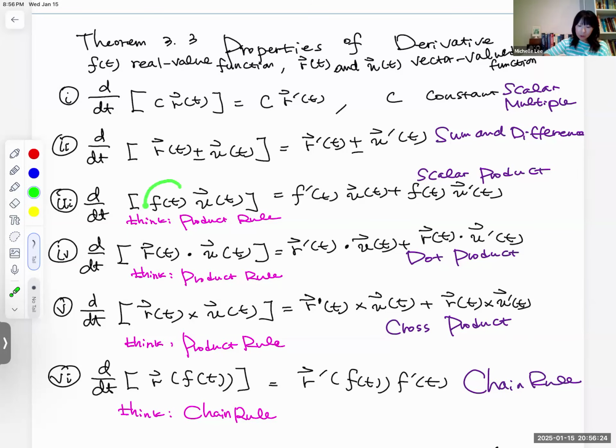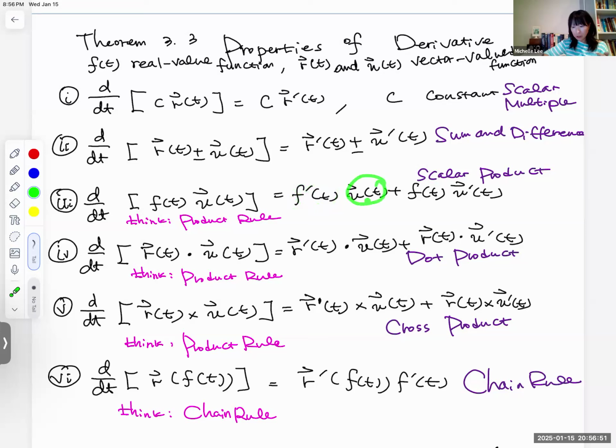And look, this is a real number function and this is a vector valued function, right? So we have these together. Then let's take a look. They say the scalar product. Look, f prime of t is a real number function, just a regular function, right?